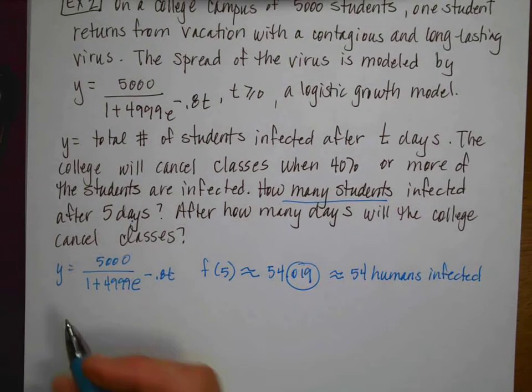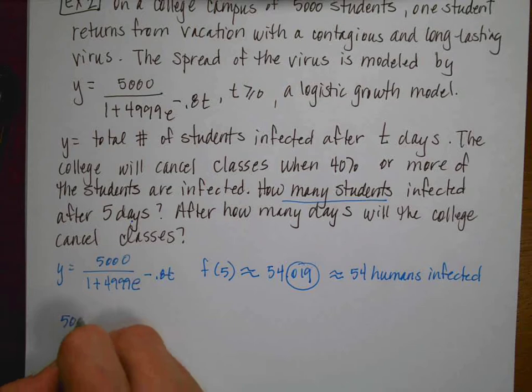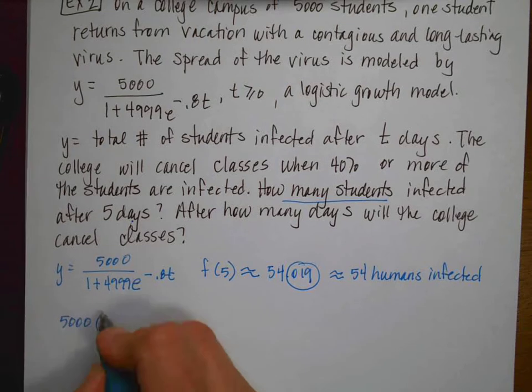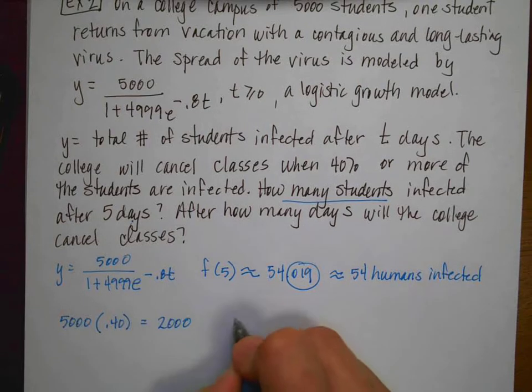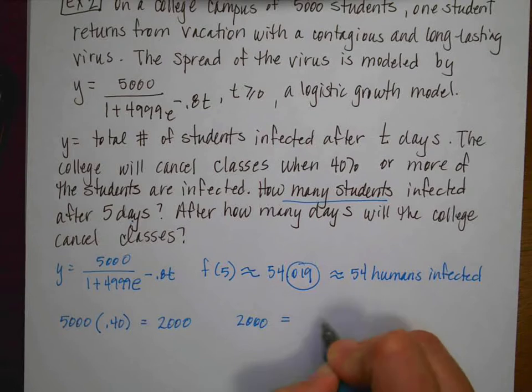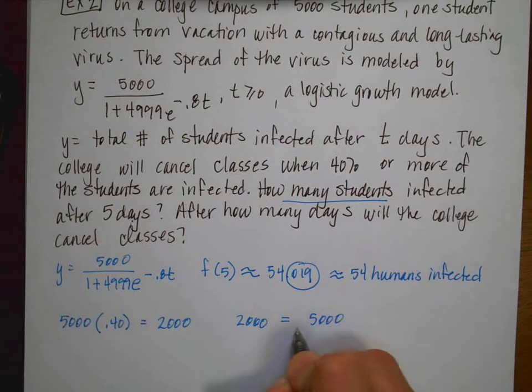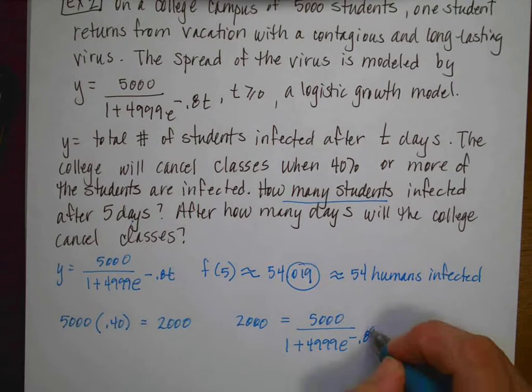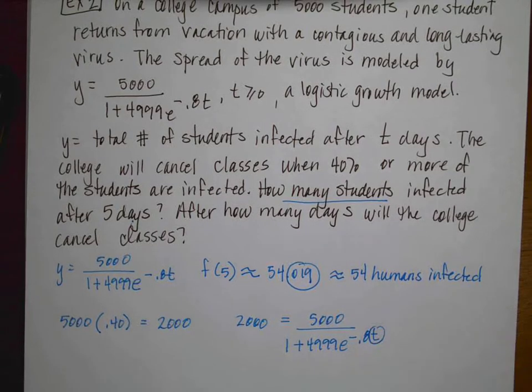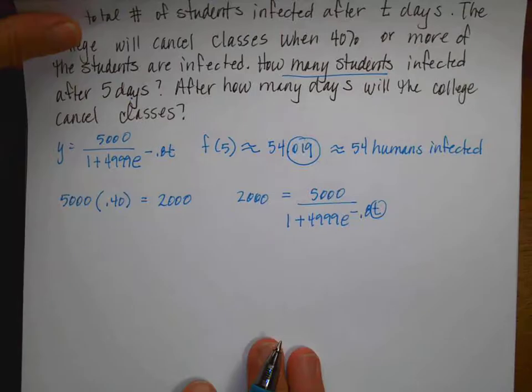The second part says, how many days will the college cancel classes? Well, there are 5,000 students, and it said it will cancel classes when 40% of them are sick, and so that's 2,000. So what I'm going to do is set the 2,000 equal to the 5,000 over 1 plus 4,999e to the negative 0.8t, and the goal is to solve for t.